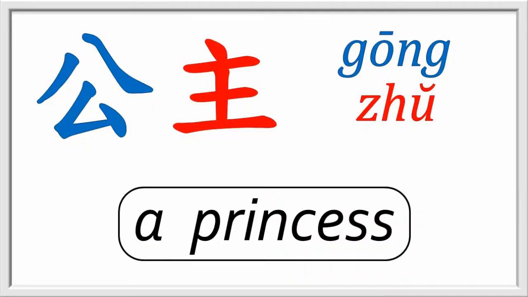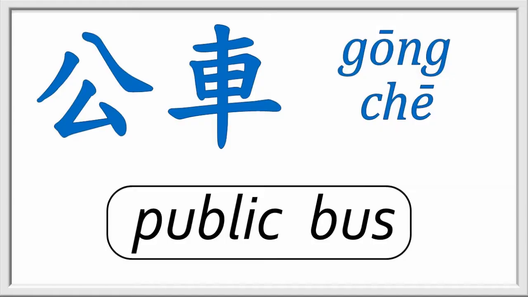It's also a respectful term for the highest level of nobility, such as when it's applied to certain members of the royal household. For example, a princess, 公主. Otherwise, gong refers to anything public, open to the public, such as a public bus, 公车. It also refers to official business and related items.